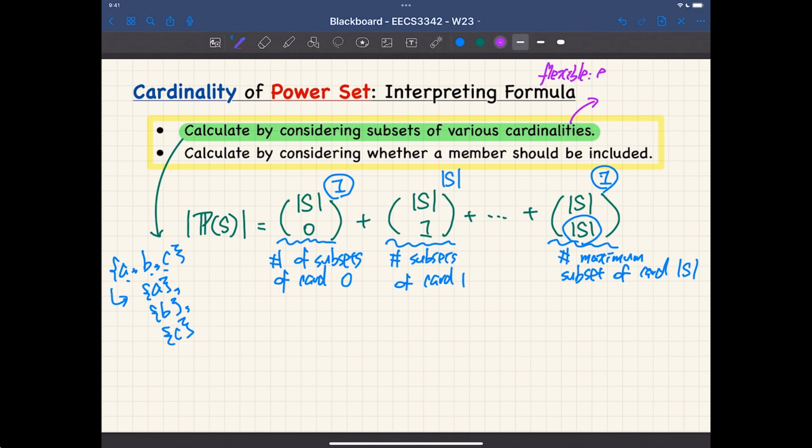For example, how many subsets of cardinality between some lower bound and upper bound? For example, how many subsets are there whose cardinality are between 2 and 4?